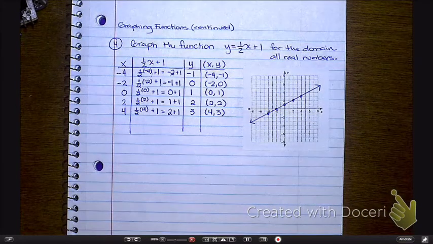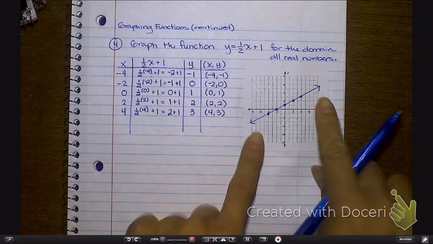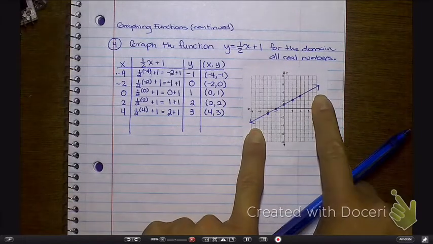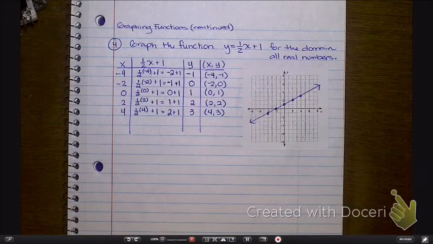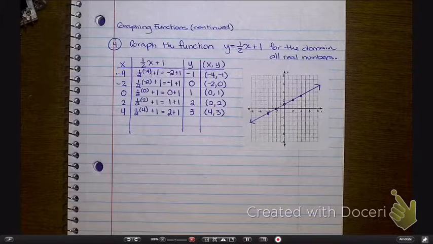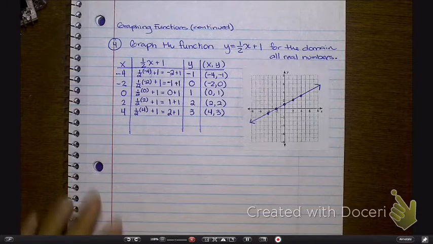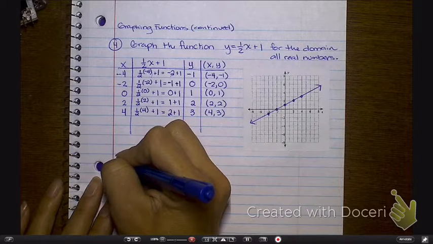Okay? So I am going to connect and draw arrows on the end of my line showing that the domain continues to all values. Are there questions as to why we're getting to connect that one? Okay. Do we need more time there?